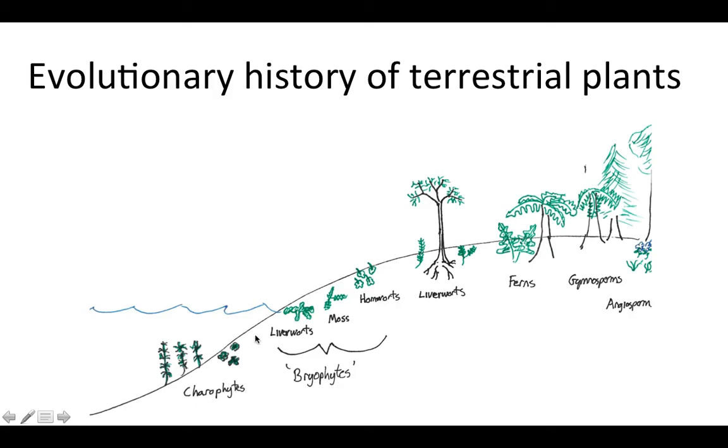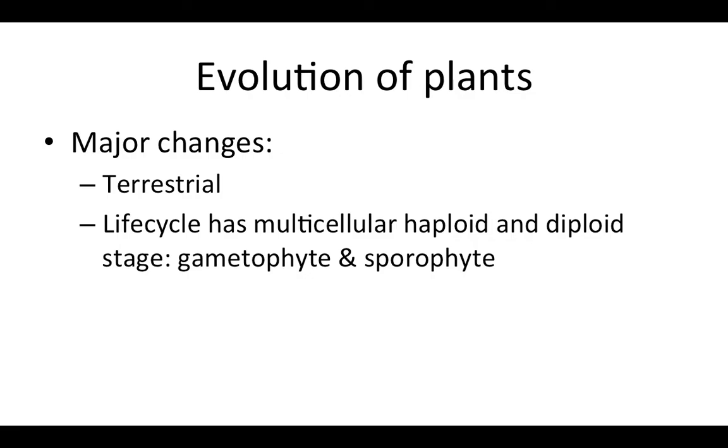So the remainder of this lecture focuses on this transition from charophytes to bryophytes, and then on the traits of these three different kinds of bryophytes. In the evolution of terrestrial plants, there are two major changes. The first is that plants adopt a terrestrial lifestyle, that means on land.